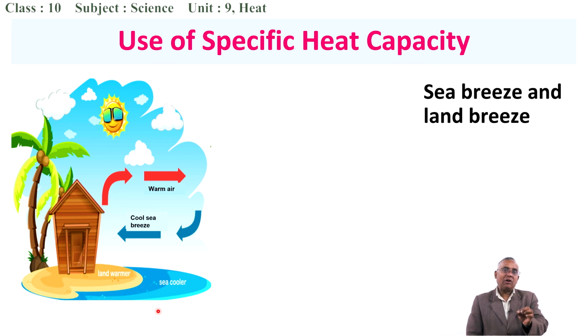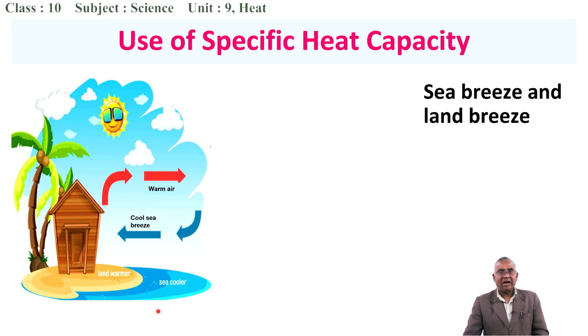Students, keep one thing in your mind. If you know that water has maximum specific heat capacity, then if any other substance is compared with it, then that will have what? Less specific heat capacity. You also know that those substances which have more specific heat capacity, they change their temperature slowly because they can absorb more heat.